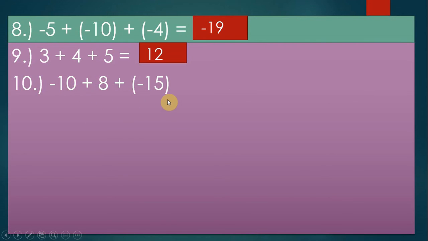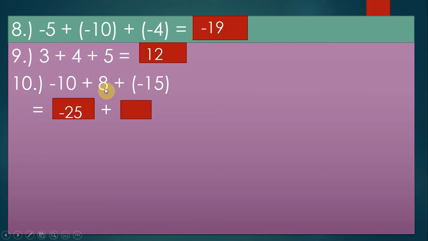How much are your withdrawals in all? Two withdrawals, negative 10 and negative 15. When you sum up all your withdrawals, it is negative 25. So to sum up, your withdrawal is negative 25.